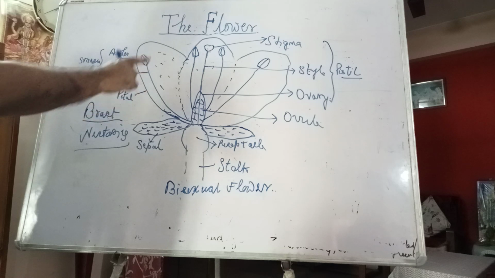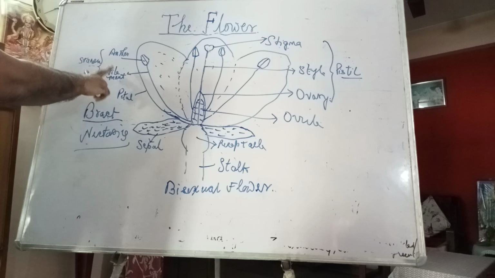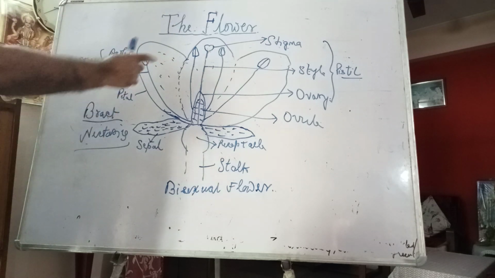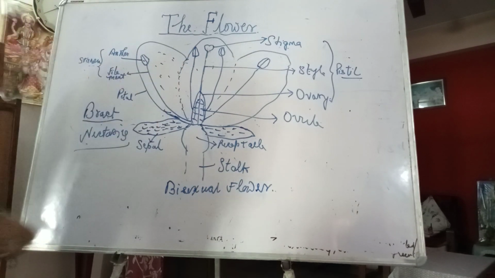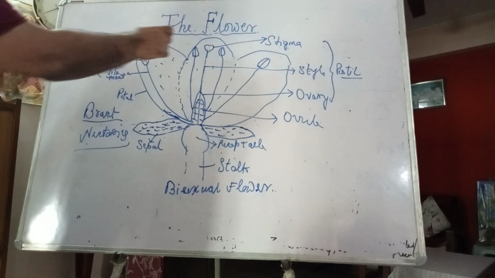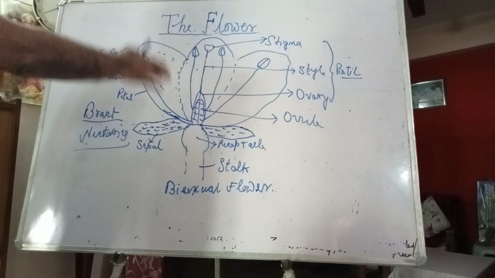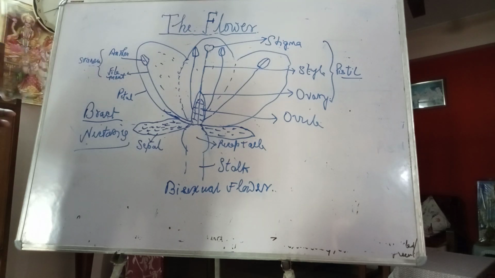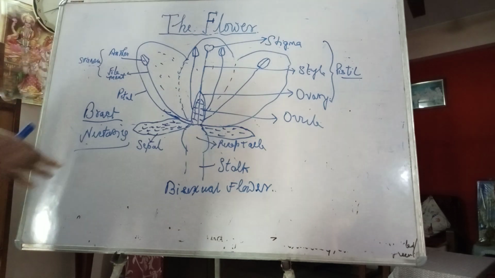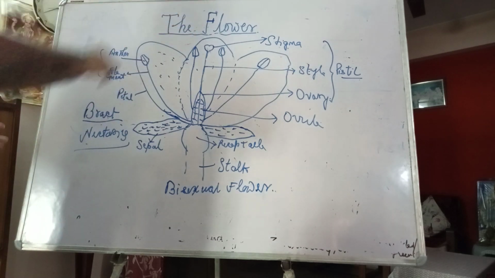In the ovule is the female reproductive gamete. So pollen grains have to reach the stigma, which is called pollination. We will discuss these things later on. But about the pistil, remember the parts are stigma, style, and ovary, which is the base of the pistil, and the ovary contains the ovule, which has the female gamete. So you are clear now, students, about your pistil.